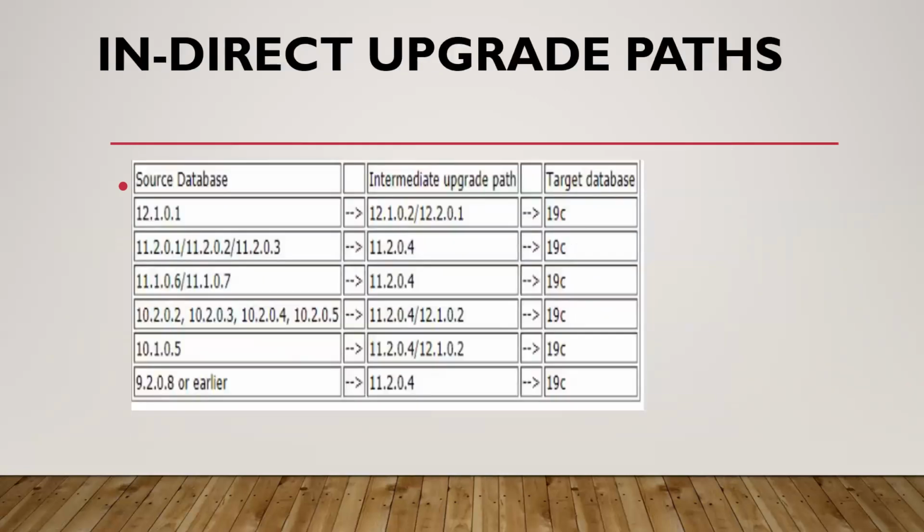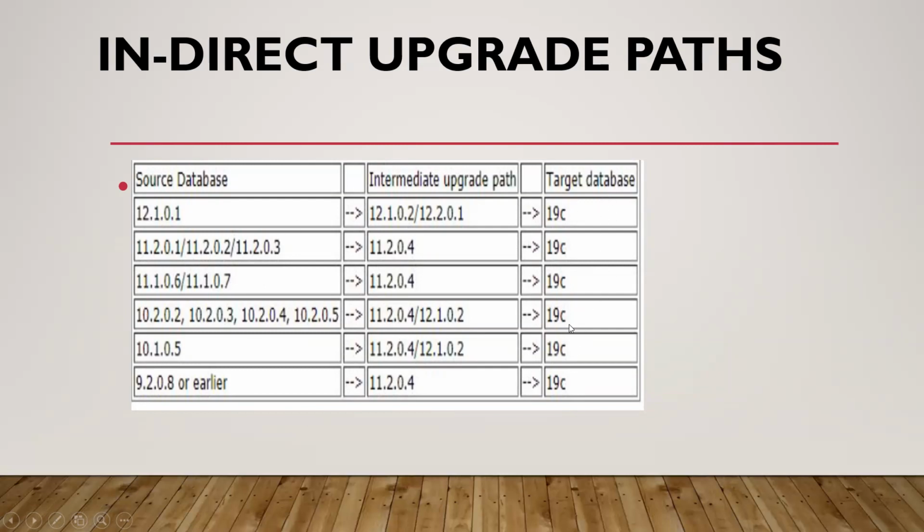If you are not using a 12.1.0.2 database or 11.2.0.4 database, if you are using 9i or earlier databases, or 10G release 1, 10G release 2, or 11G release 1 databases, first you have to move through the intermediate upgrade paths. Then you can upgrade your database to the target.